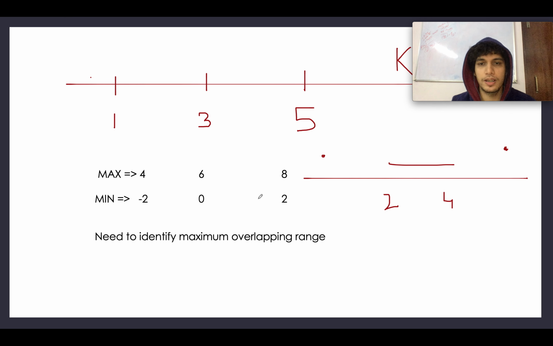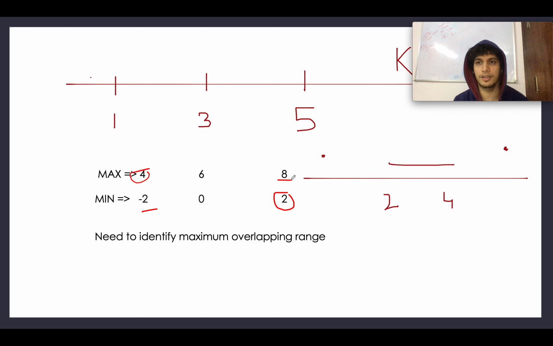When I plot these numbers on the number line, one thing that you will observe is that 4 and 2 will always be part of the answer data set, because if you choose minus 2 and 8, the difference is going to increase. The difference 8 minus 2 would be 8 plus 2, and then you will get a bigger difference.